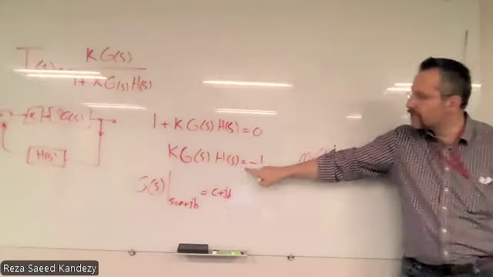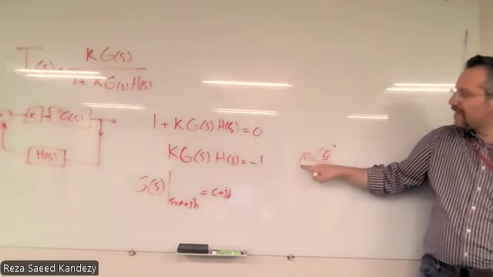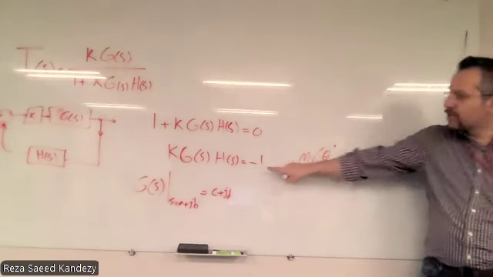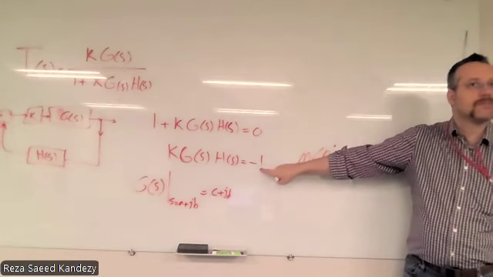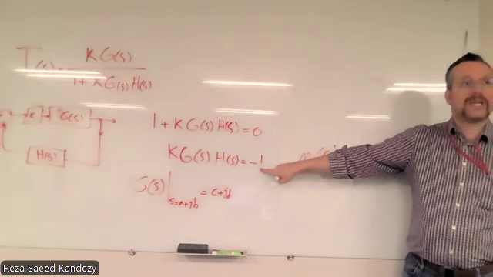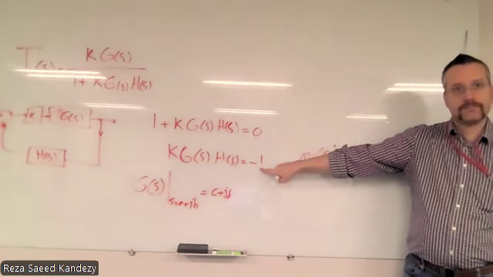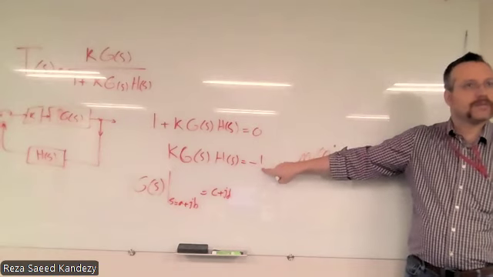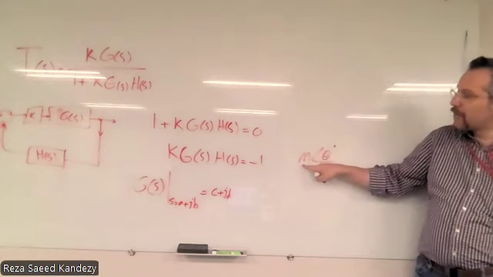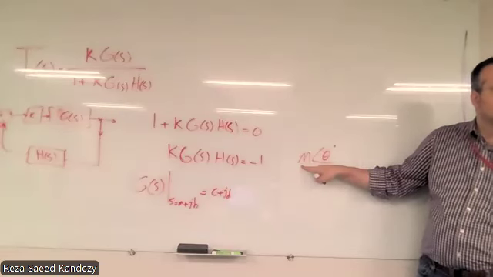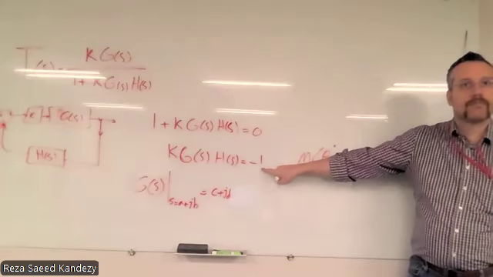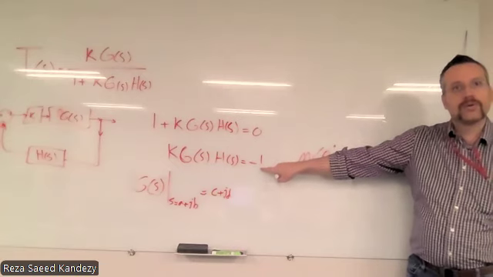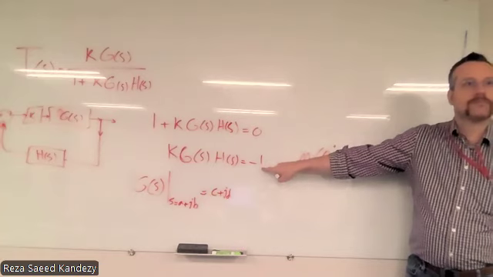Now, look at this equation: M angle theta is equal to -1. What that means is that the amplitude should be 1. Are we good? The amplitude should be 1.